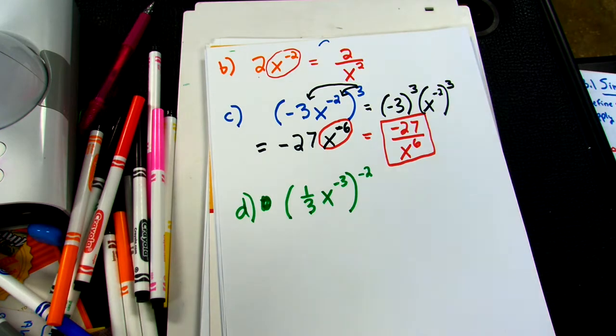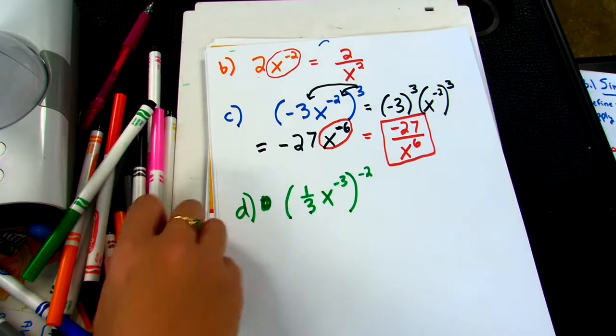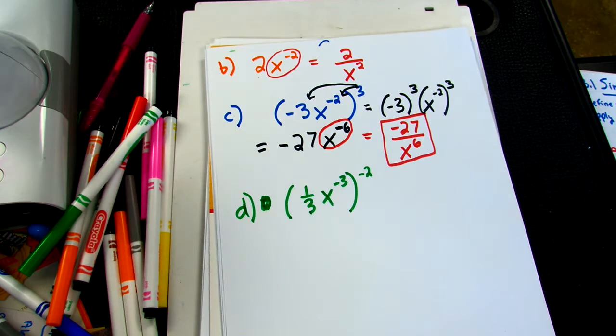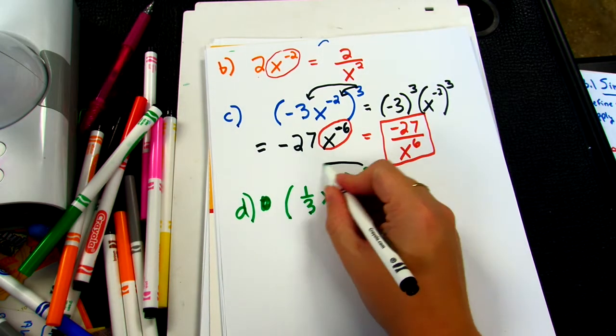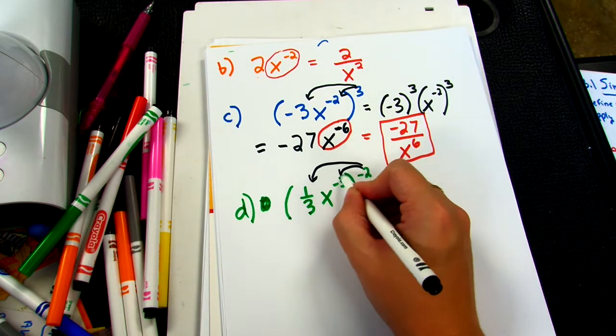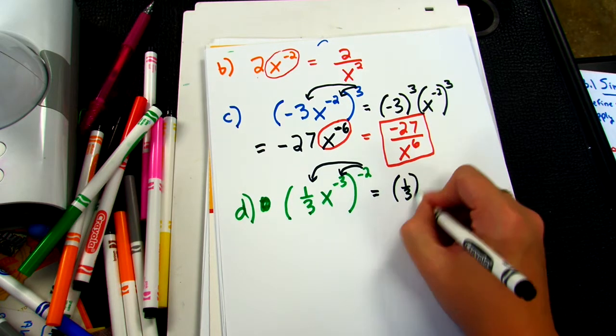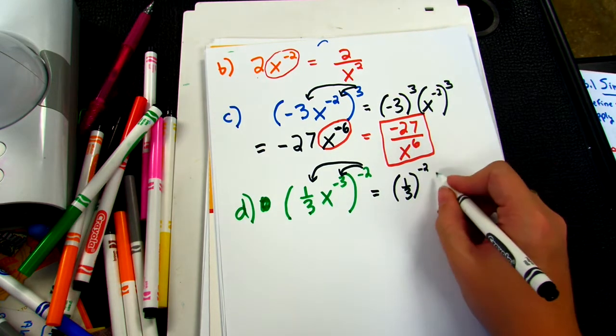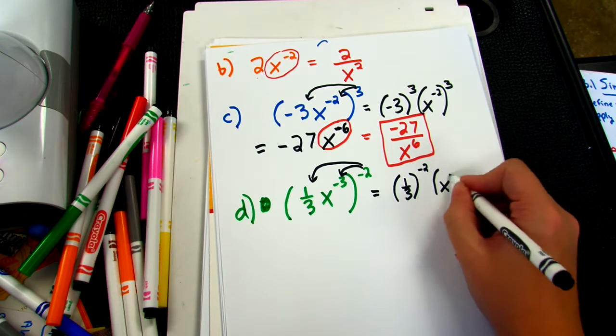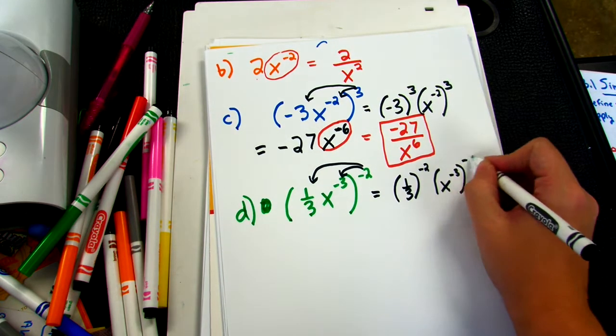Okay, so that negative second power has to be distributed. So we're going to have 1/3 to the negative second power, and then we'll have x to the negative third power to the negative second power.